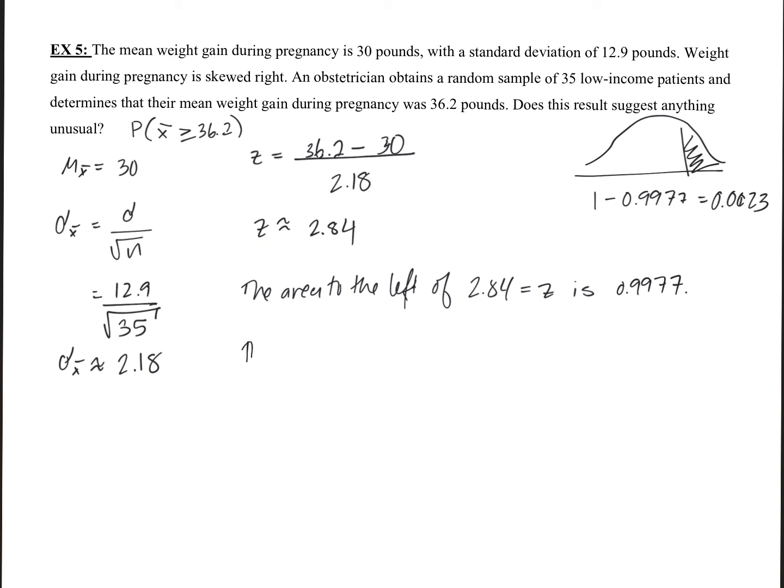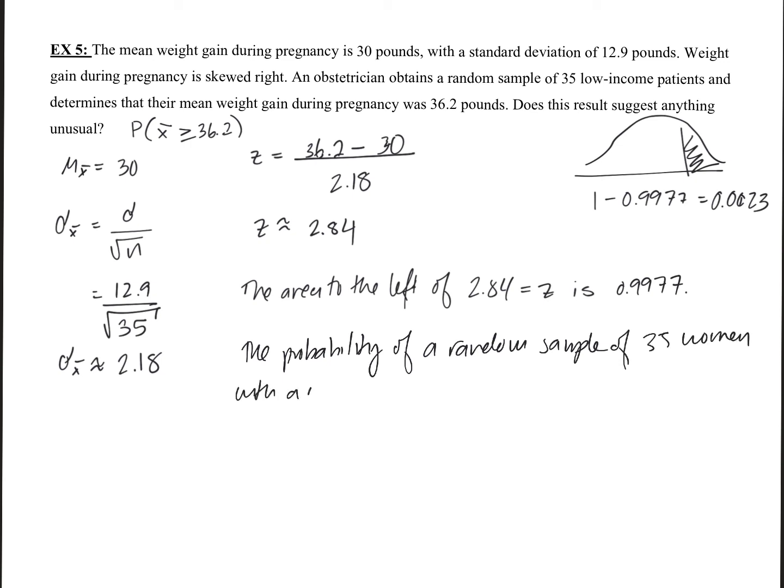Now what is this saying? This is saying that the probability of a random sample of 35 women with a mean weight of 36.2 pounds is about 0.002.